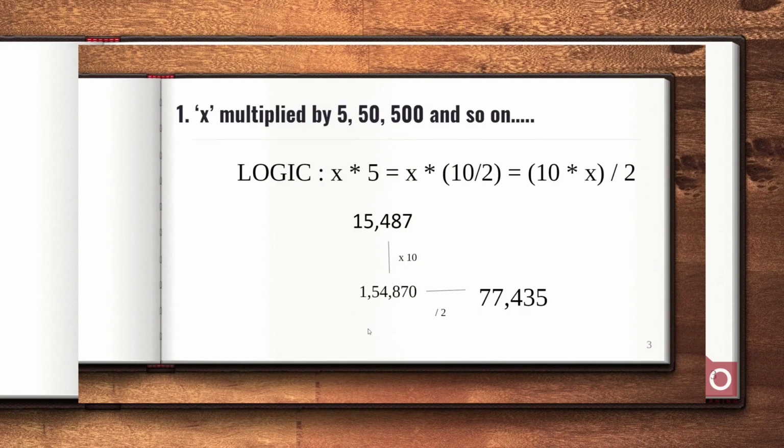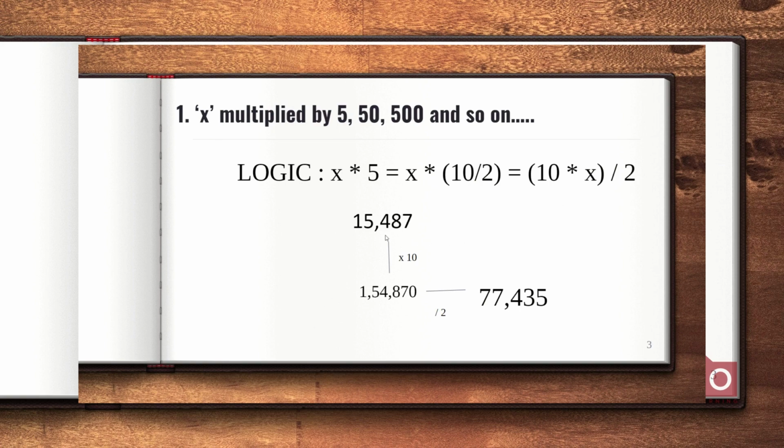The first one is a number x multiplied with 5, 50, 500 and so on. Let's understand the logic. When x is multiplied with 5, we actually mean that we are multiplying the number with 10 by 2. Now 10 by 2 can be computed as multiplying the number x with 10 first and then dividing the result by 2 to get our final answer.